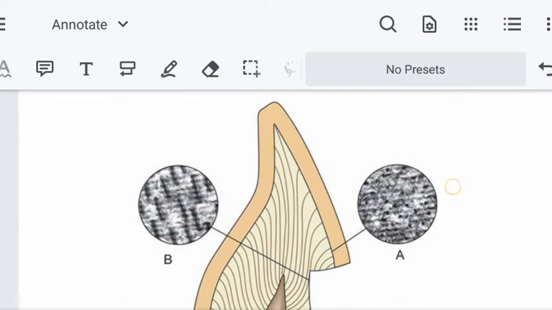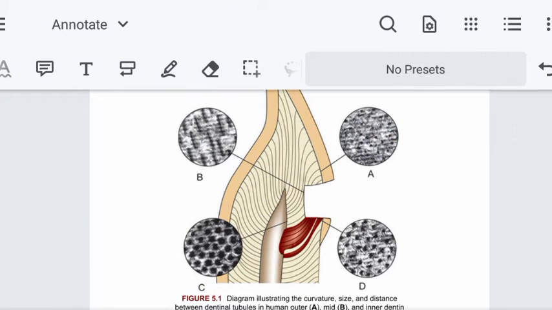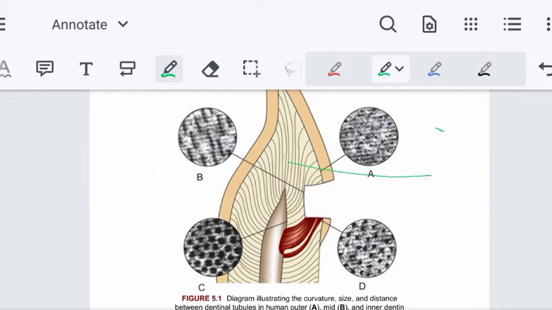So moving on, I'll show you this diagram. Look at this diagram. These are the dentinal tubules.